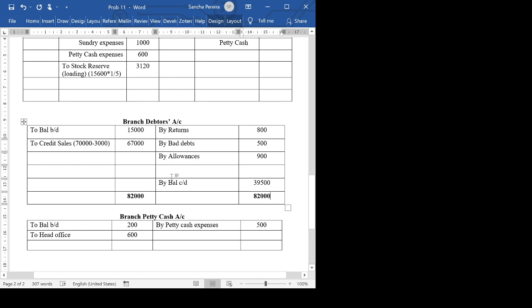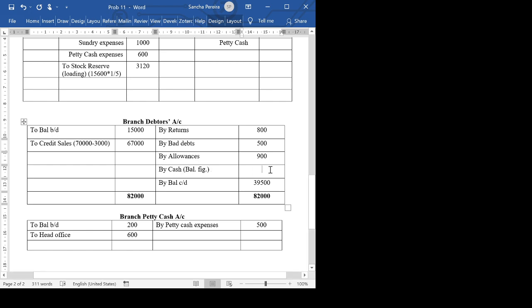Also, always write the balance carried down as the last item. That's why I've left this line. It's always good to follow that format. So buy cash is what we are trying to find out. This would be the balancing figure.